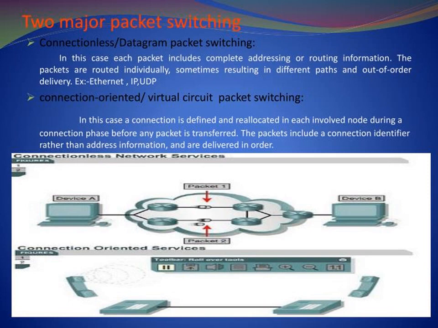Connection oriented packet switching is virtual circuit packet switching. In this case, the connection is defined and preallocated in each involved node during a connection phase before any packet is transferred. A packet includes a connection identifier rather than address information, and all are delivered in order.